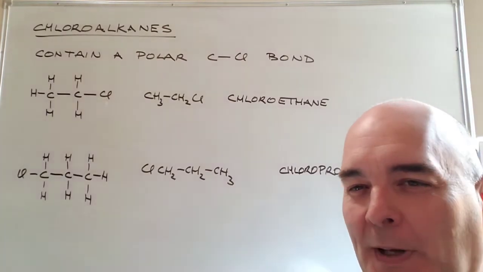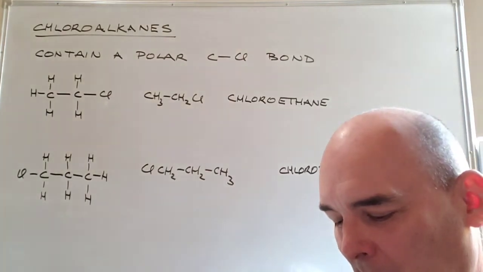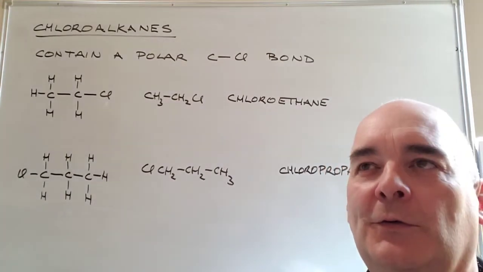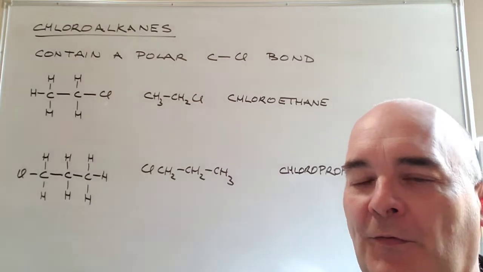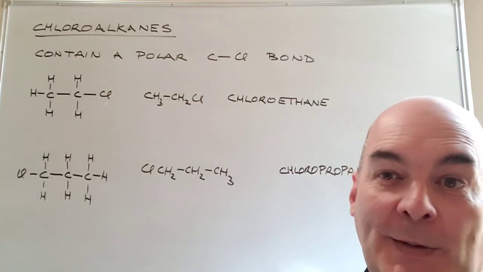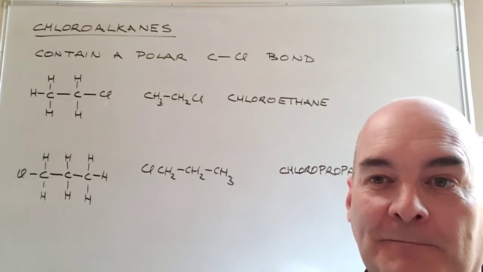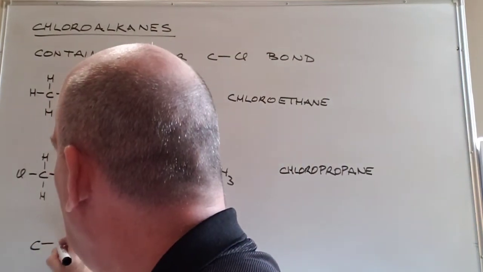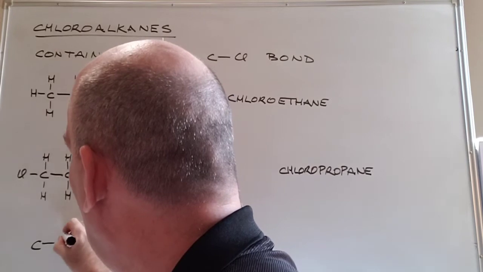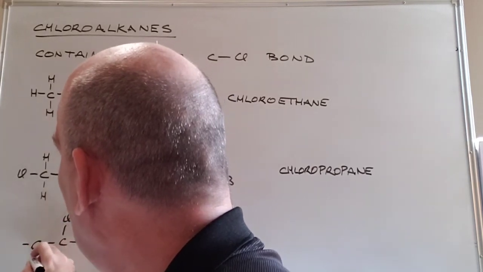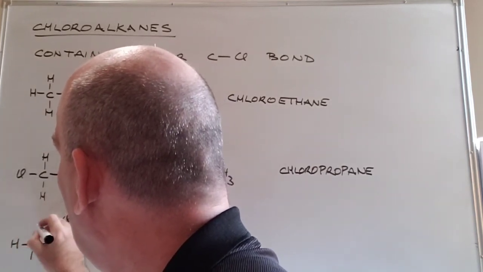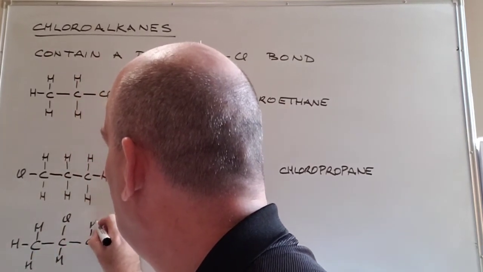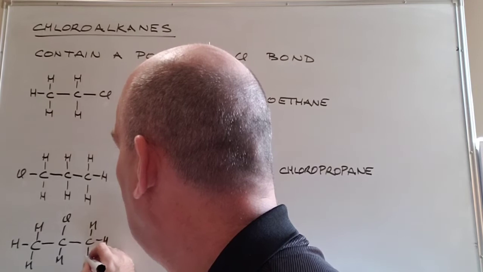But if you wanted to buy chloropropane and you went to the manufacturer's website and you tried to buy chloropropane, you would find out that there's more than one type of chloropropane. Because who's to say that the chlorine had to be in the position that you first drew it?